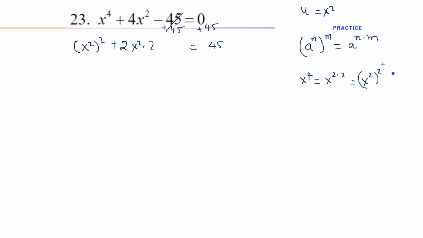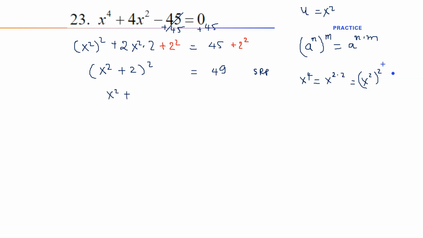Alright, now this one is lacking 2 squared. To complete the square on the left hand side, I add 2 squared on both sides. Now this one becomes x squared plus 2, all squared, equals 49. We can use the square root property here to solve this problem.